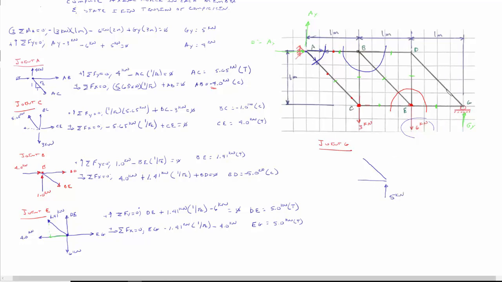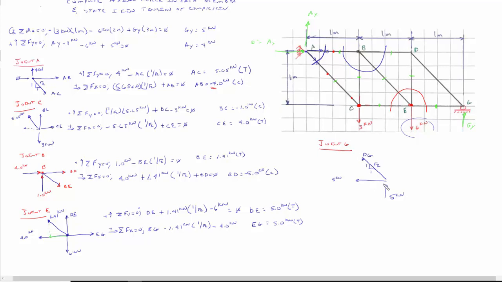And I know I'm solving for DG, so that's going to be put in tension. Now really, I don't even need to look at EG, although I could say that was in tension at 5 kilonewtons. And I know this is 1 over square root of 2, and we're solving for DG.